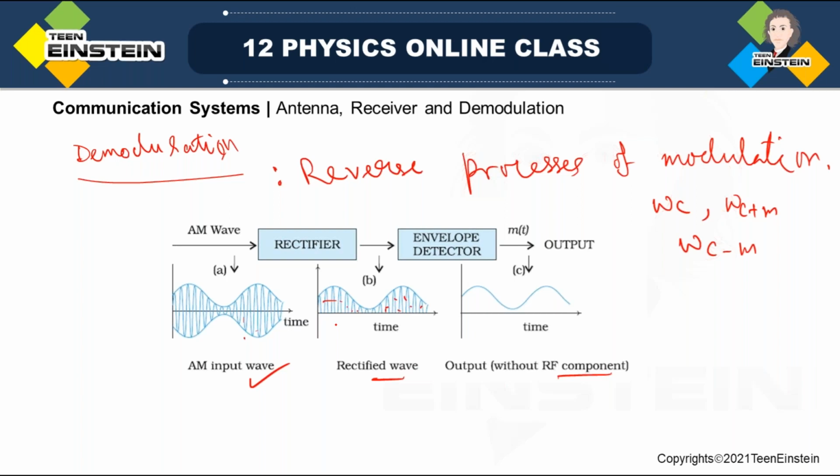So we have understood that the amplitude modulated signal, when it passes through a rectifier, gives a continuous variation of half cycles of RF signals.